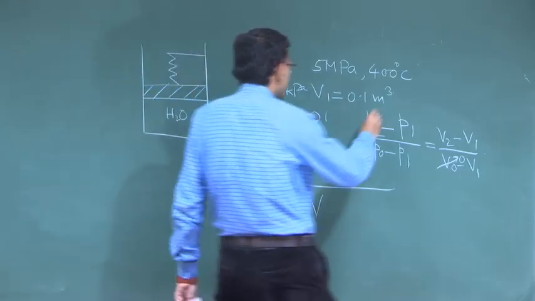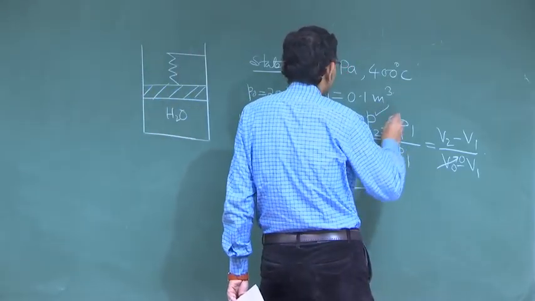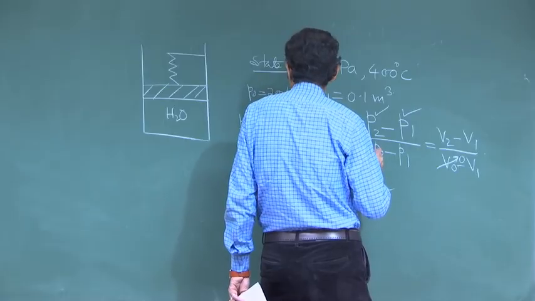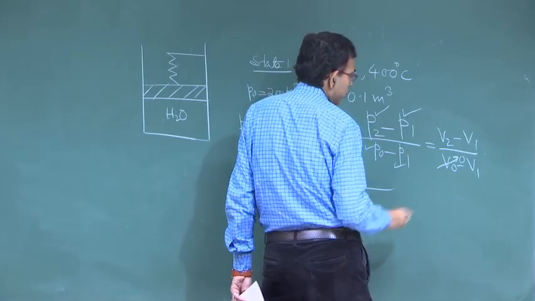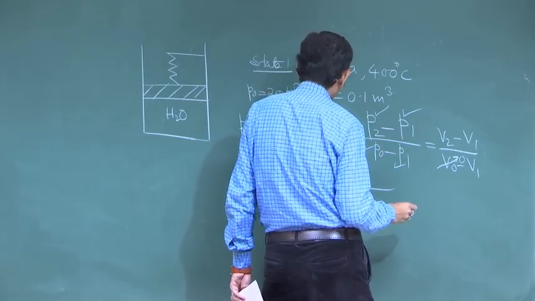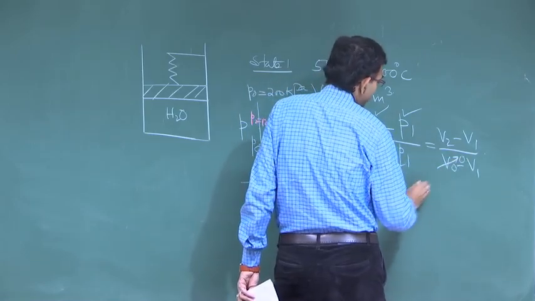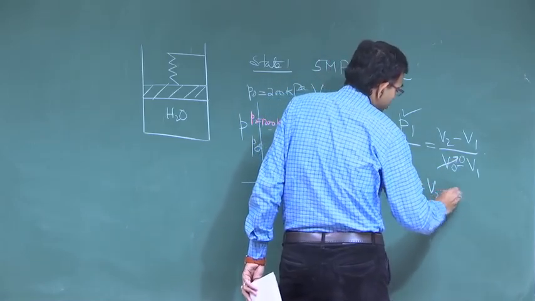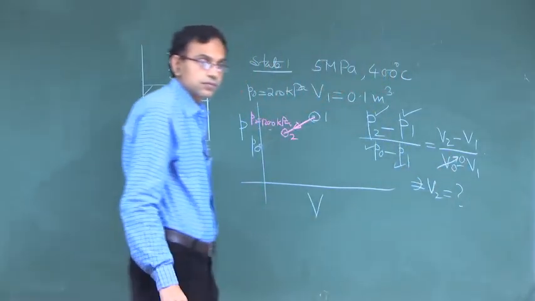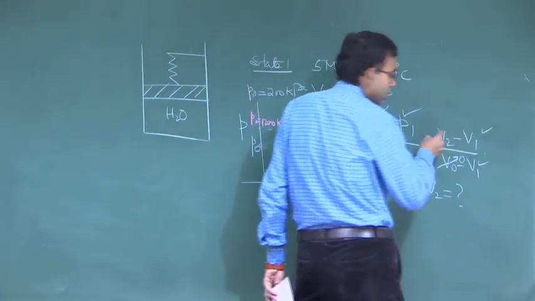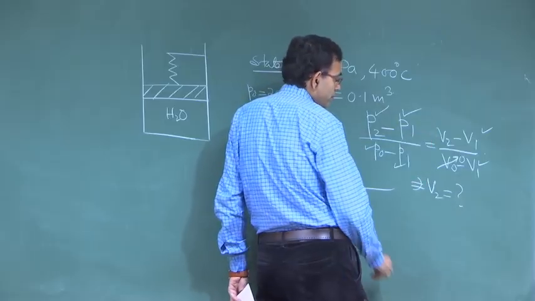P2 is 1200 kilopascal, P1 is 5 megapascal, P0 is 200 kilopascal. So, all these are known, and V1 is 0.1. So, from here you can calculate what is V2. V1 is known, you can only find out V2 from here.